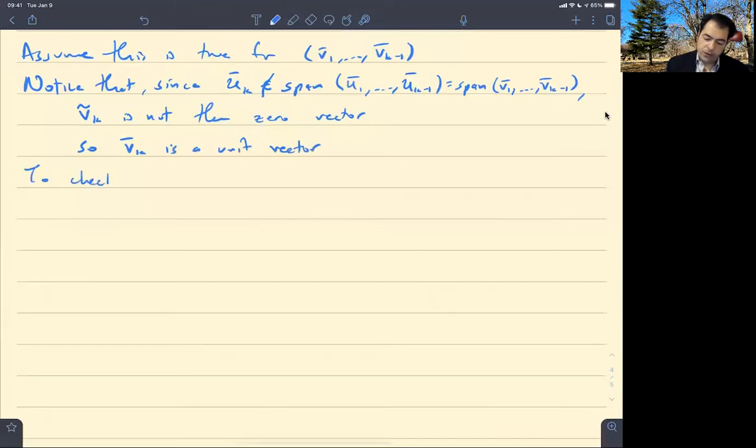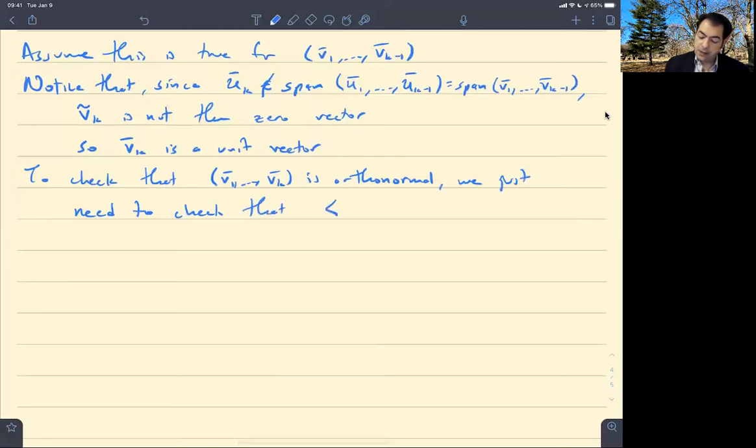Okay, so to check that the list V1 through Vk is orthonormal, we just need to check that the inner product of, say, Vj with Vk is equal to 0 for every j less than k.